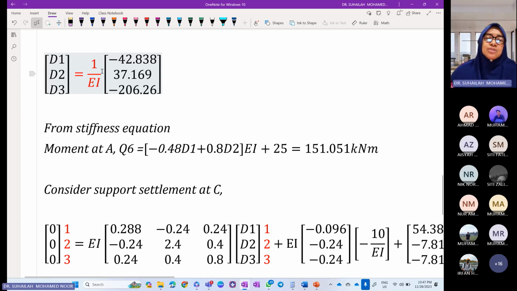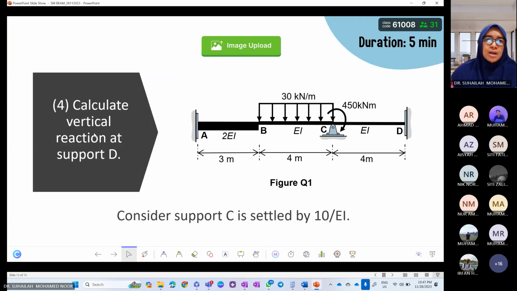Okay, then you have to substitute this D1, D2, D3 to answer the question. The earlier question asked to calculate the vertical reaction at support D. Okay, look at support D, look at what label we use.